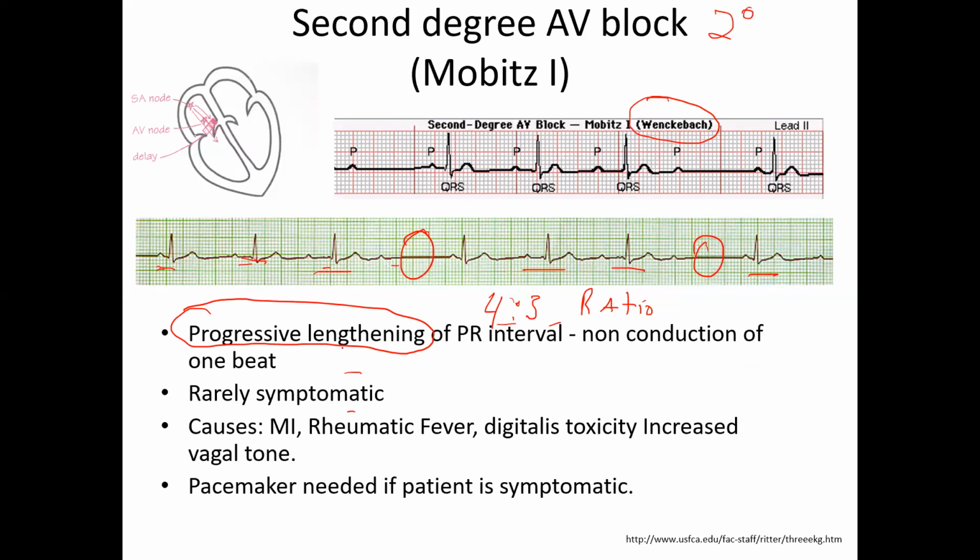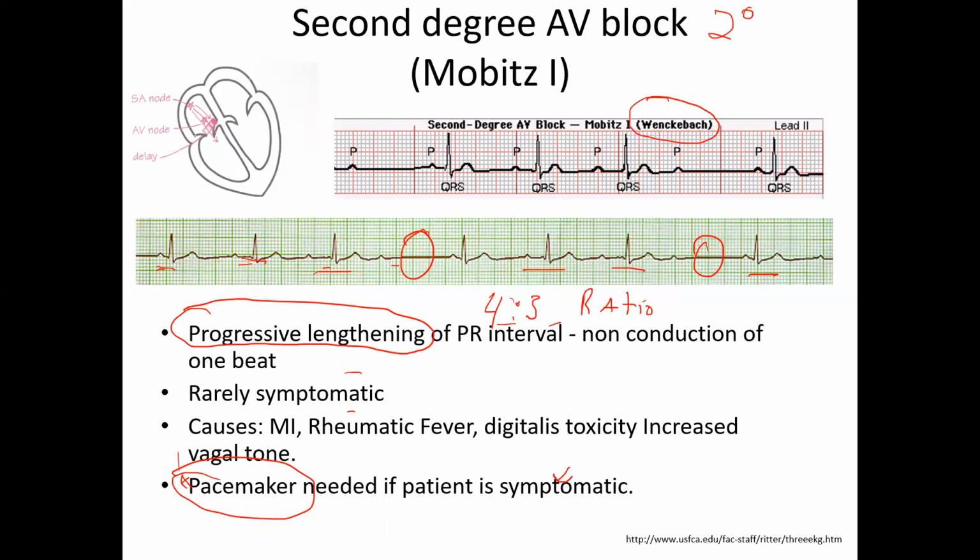The point is you don't necessarily have to put an artificial pacemaker here, only if it's symptomatic and there are other conditions. Everybody understand this? So this is a second degree AV block, Mobitz type 1, and that's Wenckebach. So you do have a dropped QRS and you have progressively lengthening PR intervals somewhere within that strip, and it seems to repeat itself too.